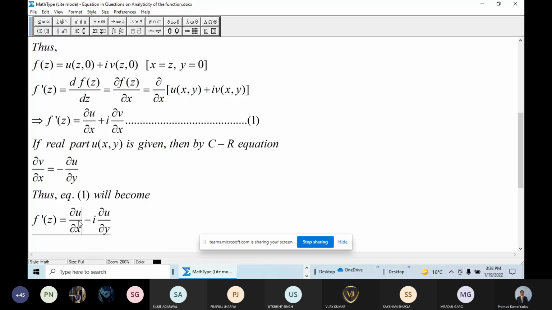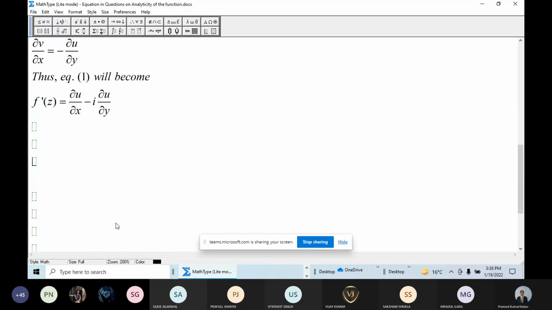Here you all know that x equals z and y equals 0. So we are going to assume u is known. If u is known, then we can find del u upon del x, and hence we can find del u by del y.